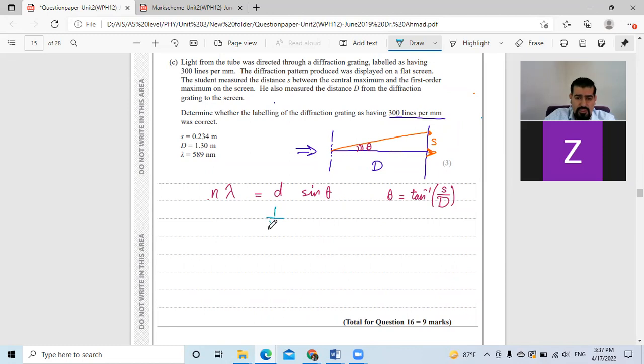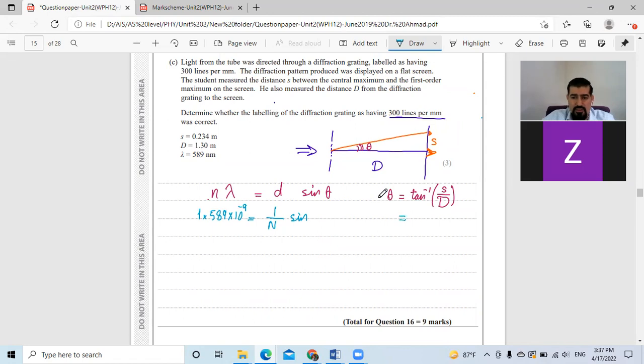So 1 over n sine theta, that we just found, equals n, which is 1, the first order, multiplied by the wavelength, which is 589 times 10 to the power of negative 9.